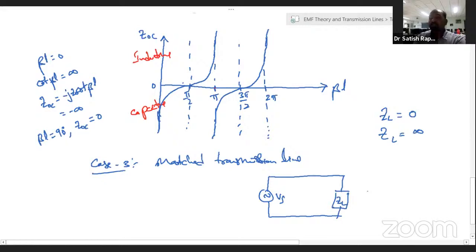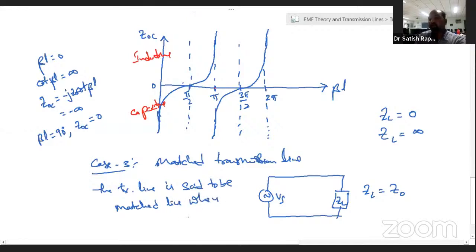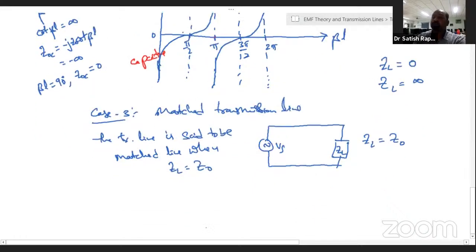So the transmission line is said to be matched when ZL is equal to Z0.